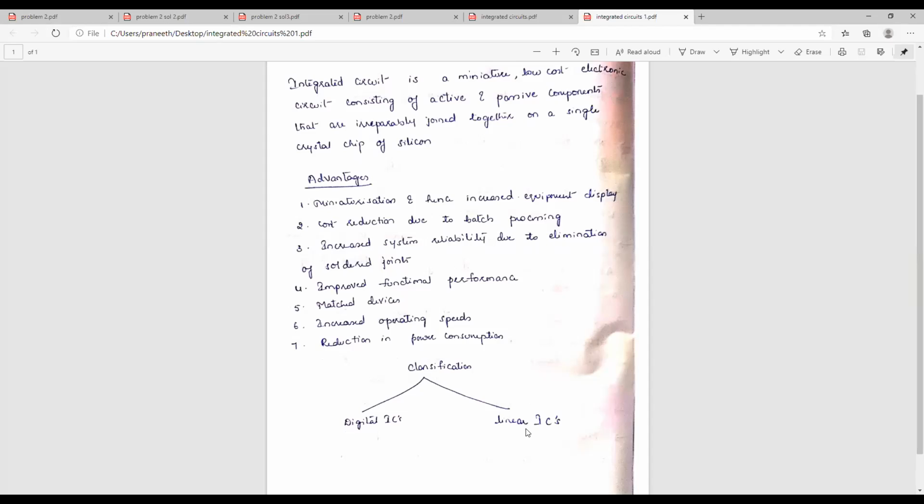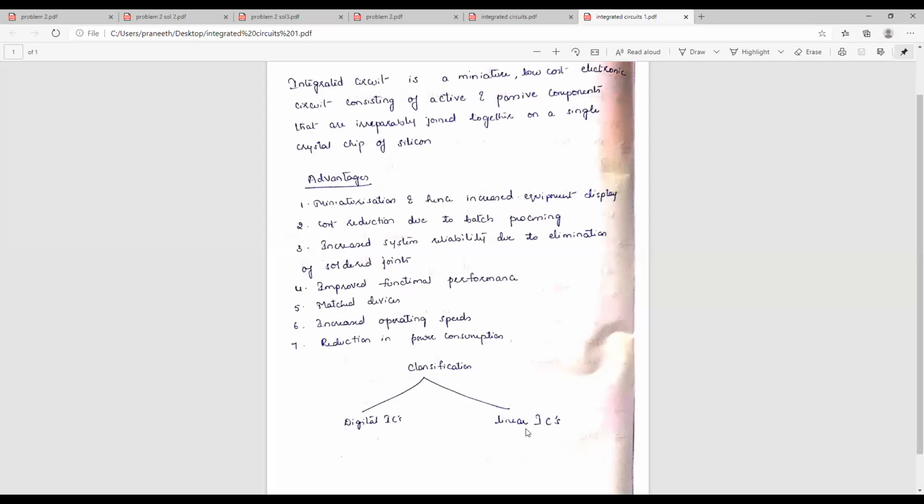So this 741 IC can be said to be a general purpose IC because it can operate in any way. It can perform mathematical operations and linear operations, like it can act as an oscillator, an amplifier, a multi-vibrator. A lot of applications are there regarding op-amp. That's why we call this a general purpose IC.